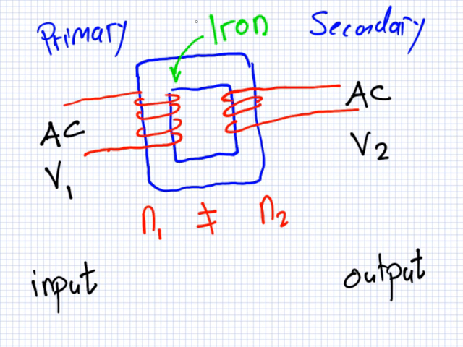What's N1 and N2? N1 is the number of loops here. So N1 loops or windings. N2 loops or windings.